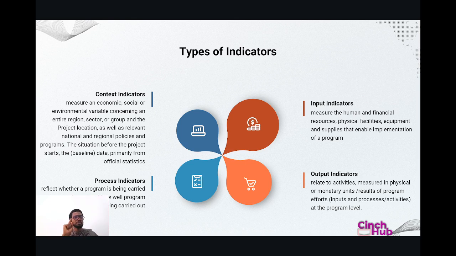Input indicator. Remember, you want to do training on a vocational skill, probably plumbing, as we mentioned earlier. So, input indicator. What are the things you need for this vocational skill? You need a facilitator that will take them through plumbing. You need a hall for that. You likely need refreshment.